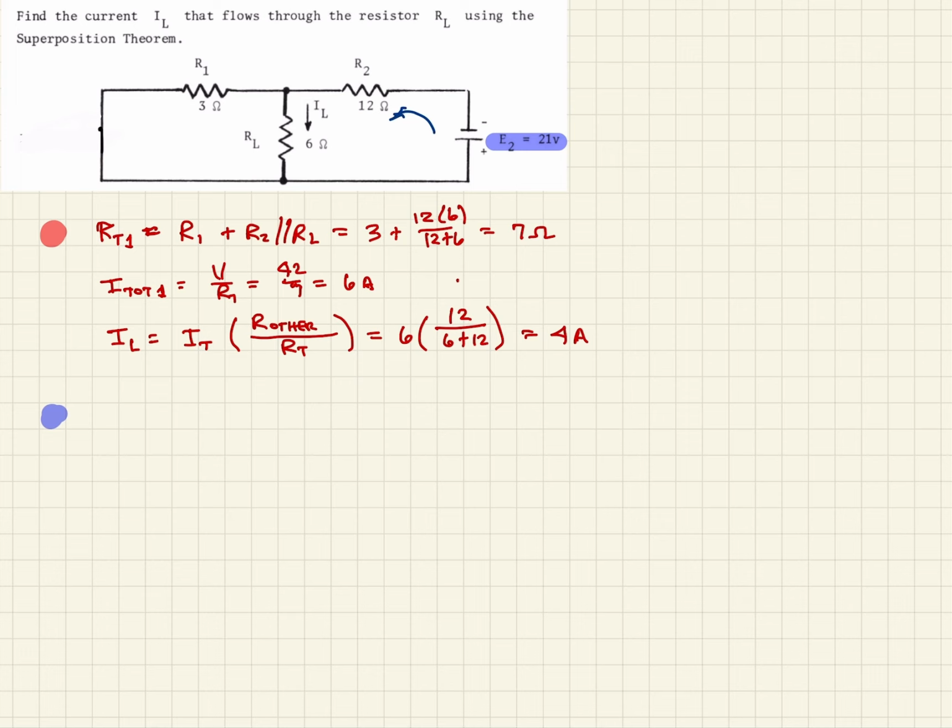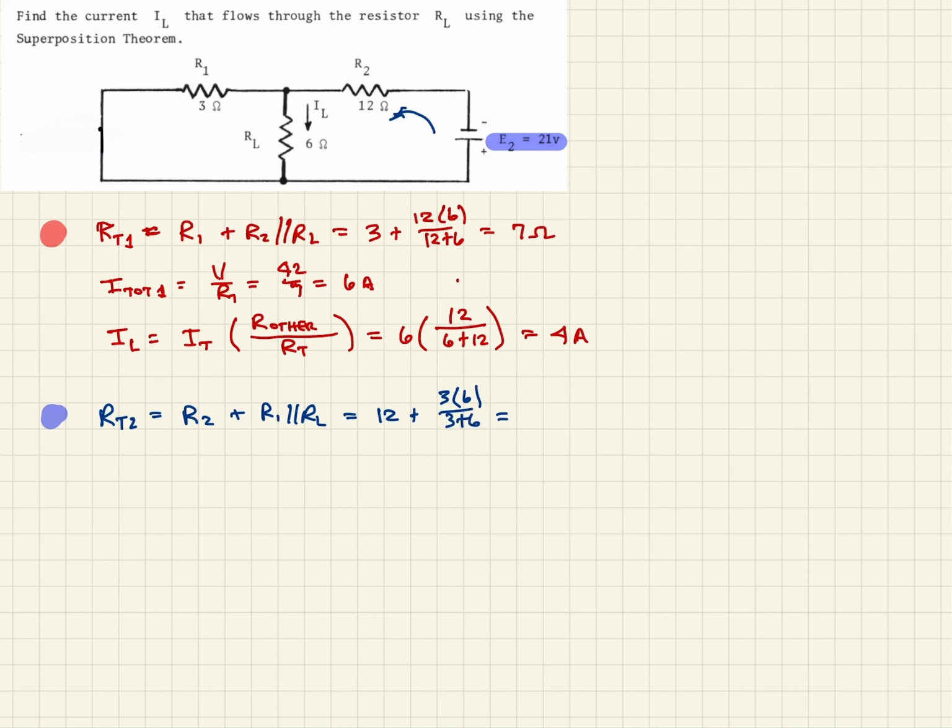So first we look at what the resistance is. And so just as before, our R total number 2 is going to be equal to R2 plus R1 in parallel with RL. So in this case, that's 12 plus 3 times 6 over 3 plus 6.